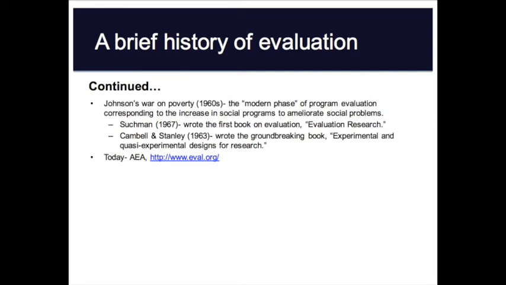So the first book on evaluation was written by Schumann in 1967, and it was called Evaluation Research. Now, one of the most noteworthy books was called Experimental and Quasi-Experimental Designs for Research, and that was written by Campbell and Stanley in 1963.